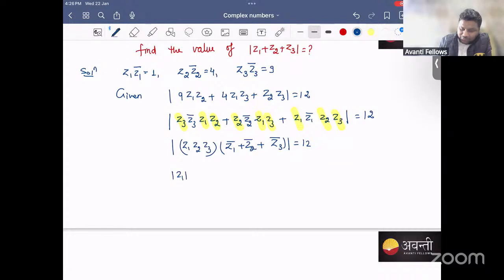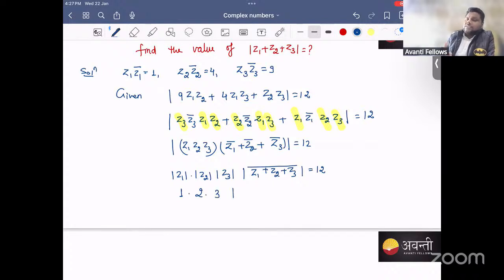So that is mod Z1 into mod Z2 into mod Z3 into mod of Z1 plus Z2 plus Z3 conjugate is going to be 12. Am I clear? Now mod Z1 is given to you 1, mod Z2 is 2, mod Z3 is 3. Now the modulus of Z1 plus Z2 plus Z3 conjugate is also equal to modulus of Z1 plus Z2 plus Z3, that is 12.